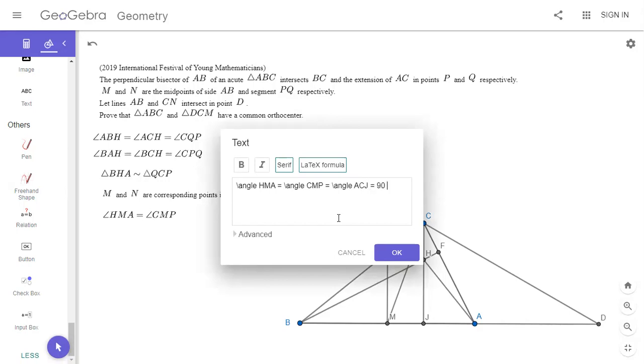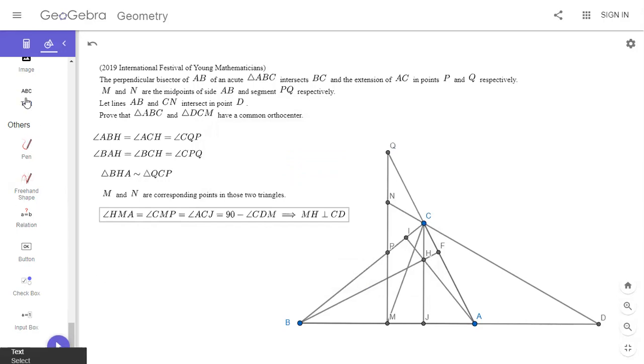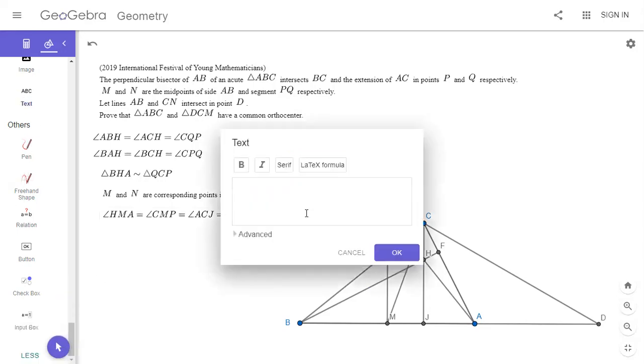Which is 90 minus angle CDM. And that means that MH is perpendicular to CD. And so CH is perpendicular to AB.